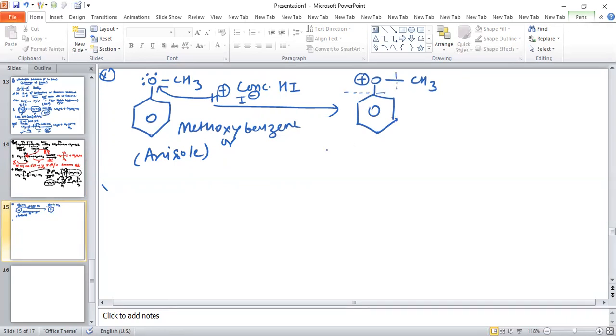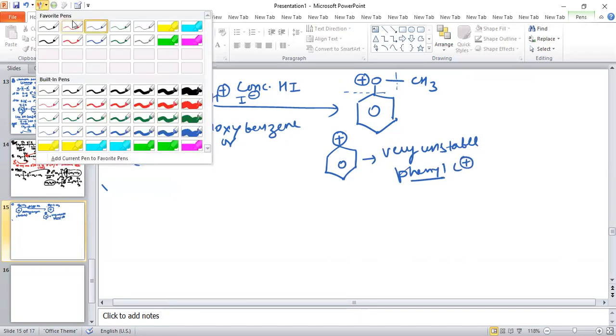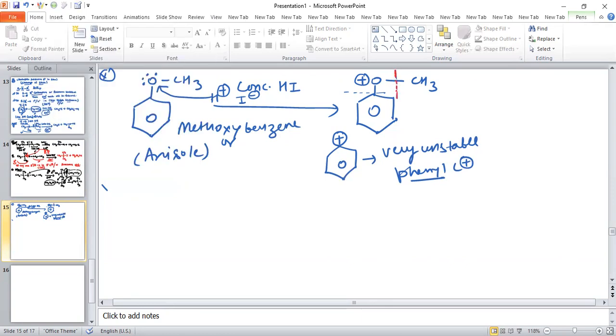But when we break the bond from this side, positive charge is generated on the benzene ring, which is very unstable. Phenyl carbocation is very unstable. So we will prefer to break the bond from the other side.